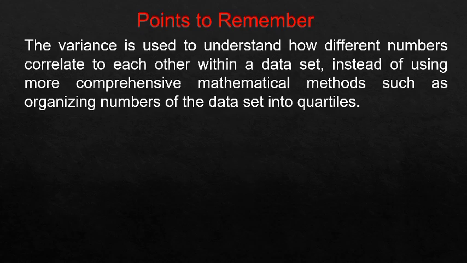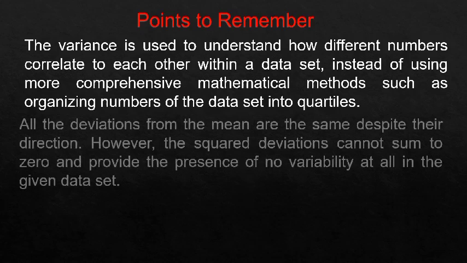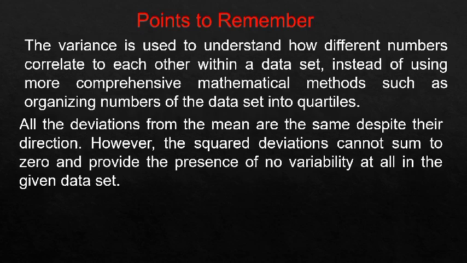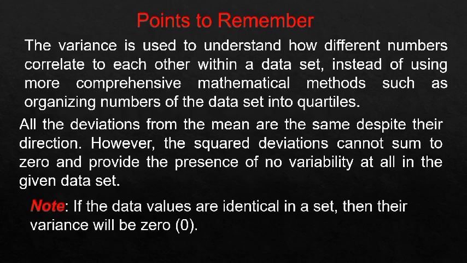The variance also considers all the deviations from the mean to be the same despite their direction. However, the squared deviations cannot sum to zero and give the appearance of no variability at all in the given dataset. Note, if the data values are identical in a set, then their variance will be zero.